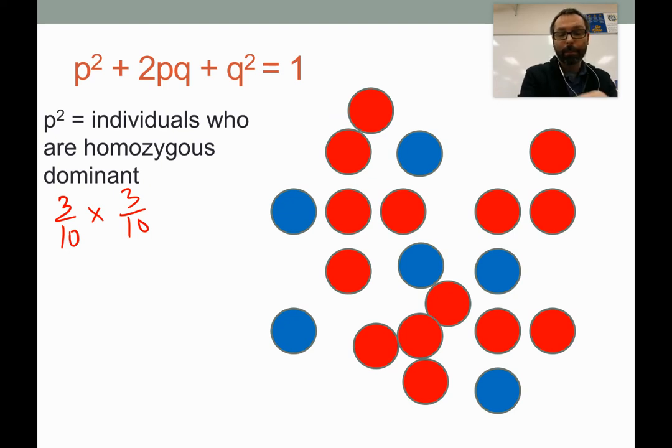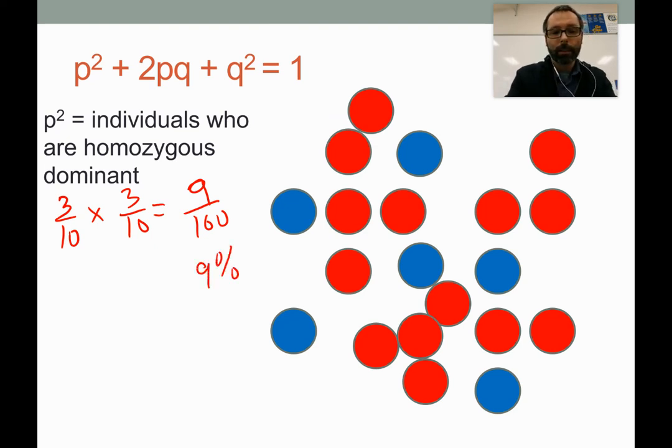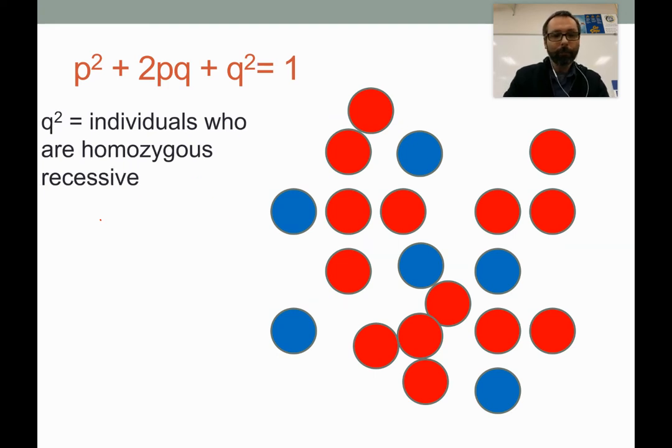You multiply them because both have to happen. And so 9 out of 100, right? P squared would be 9%, right? So if this was a gene pool, we would estimate that 9% of the population would be homozygous dominant, purely on the basis of probability. 9% of this population should be homozygous dominant.